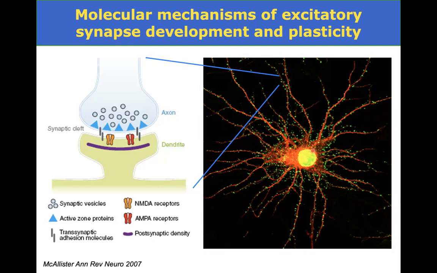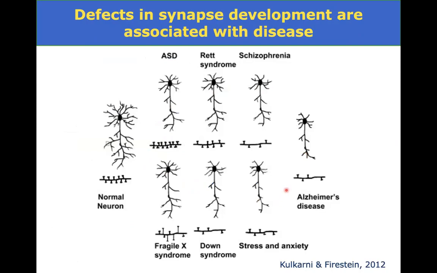So maybe the chromatin remodeling disease genes are impacting the expression of some of the synaptic proteins, or perhaps the synaptic proteins, in addition to building the structure, signal back to the nucleus for certain forms of plasticity. And so those are the two major classes that are thought to underlie these disease synaptic phenotypes. All right, thank you.